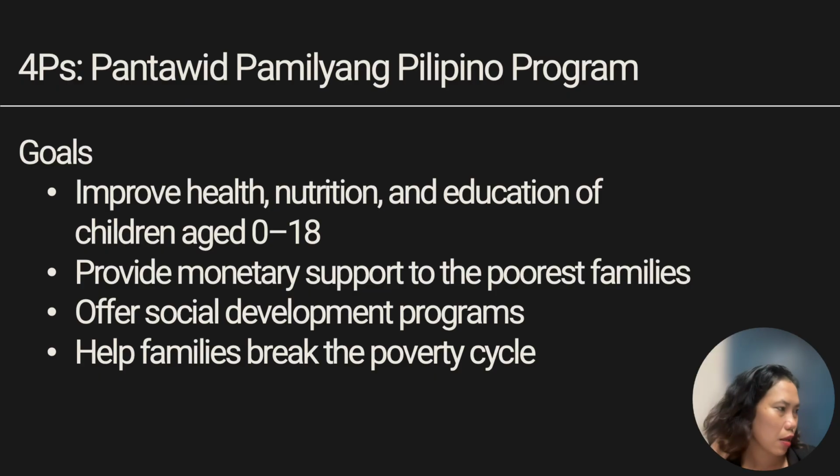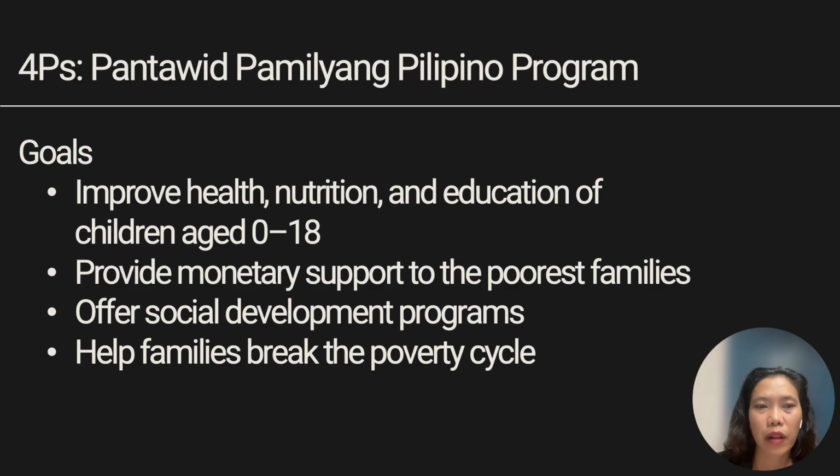But sad to say, there are others who are not striving hard or working hard because they are lenient with the monetary support given by the government or from the 4Ps program.